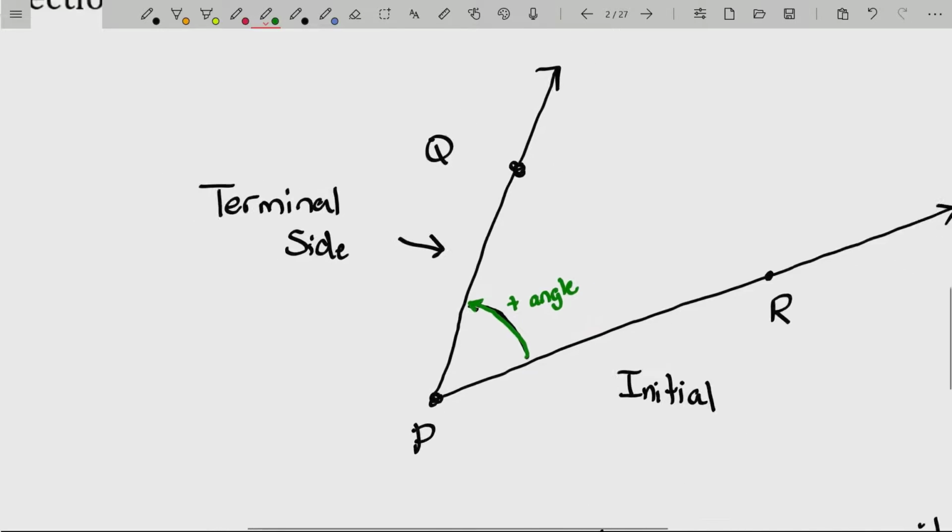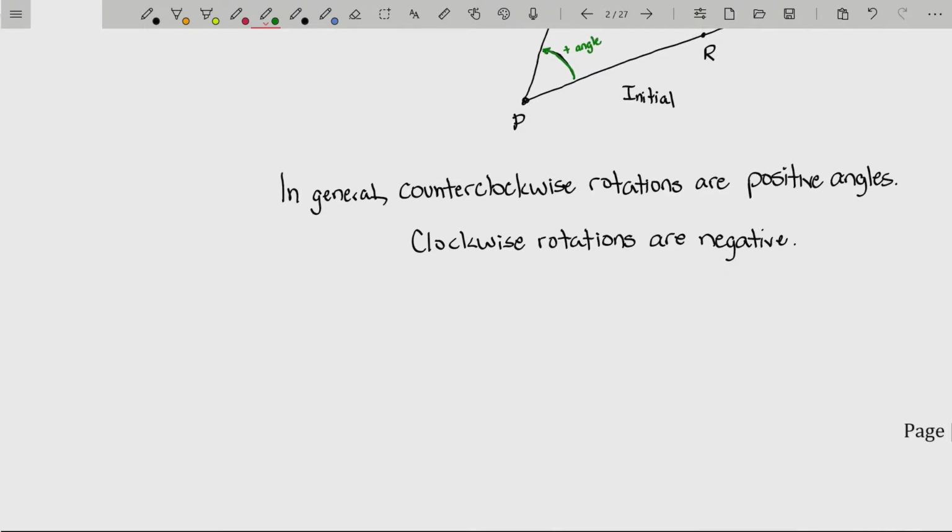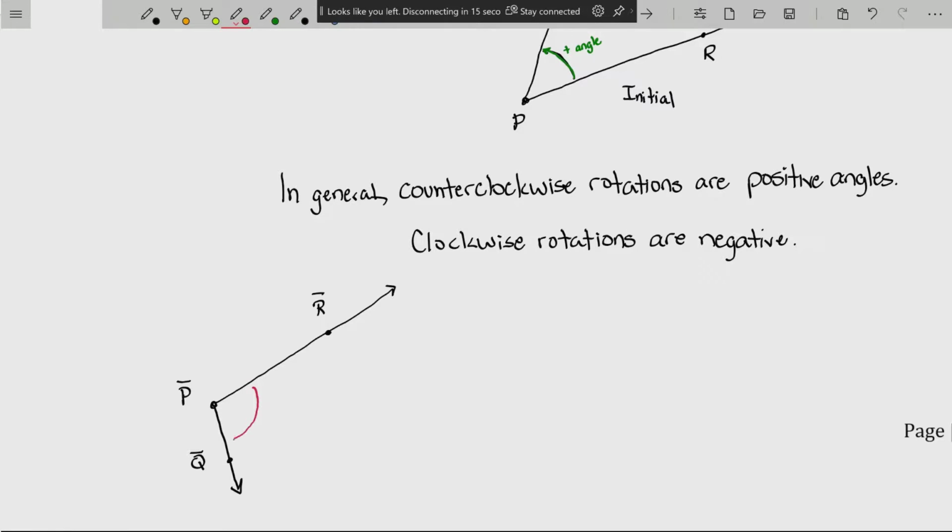If we had an angle that opened up, let's say this way, to where you could easily see that the lower ray PQ is actually the terminal side and the ray PR is the initial side because of the way the arrow points there, that would be a negative angle. That's what we traditionally call a negative angle. All right, so that's it. That's how we build angles. In the next video, we'll talk about measuring angles.